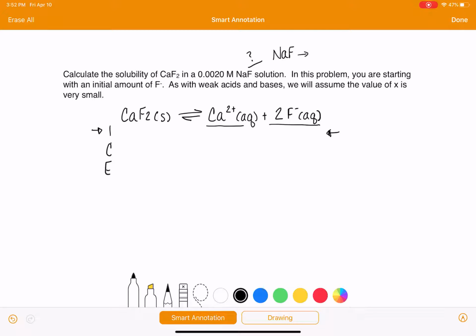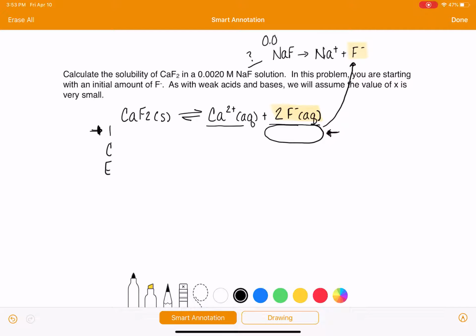Well, NaF dissociates to make sodium ions and fluoride ions, and we can see that NaF has fluoride, and so does calcium fluoride, CaF2. So that is the common ion between these two compounds. So we know that we are going to be starting this ice table with a little bit of fluoride that came from this fluoride ion dissociation from the NaF.